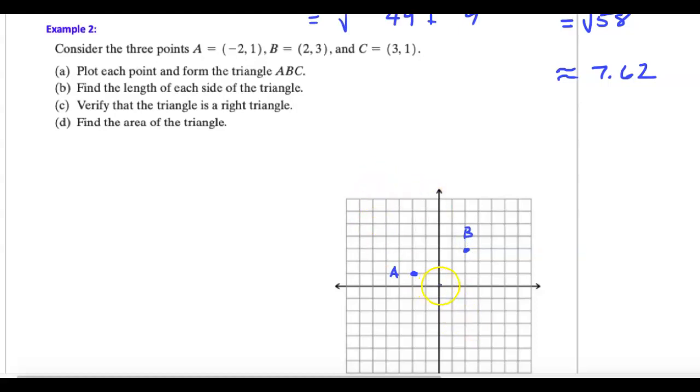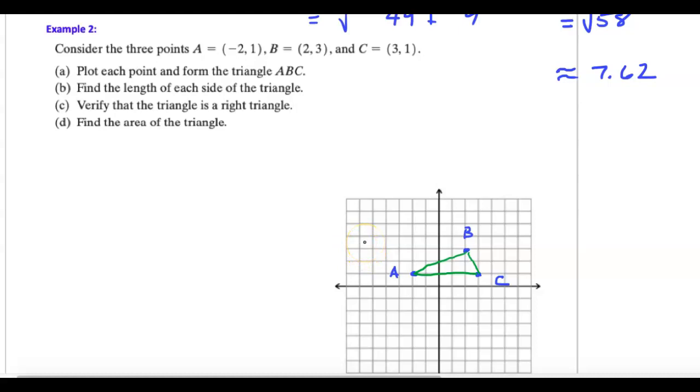And then C is 3, 1. And that is C. And so this will form a triangle. And there's our triangle ABC.